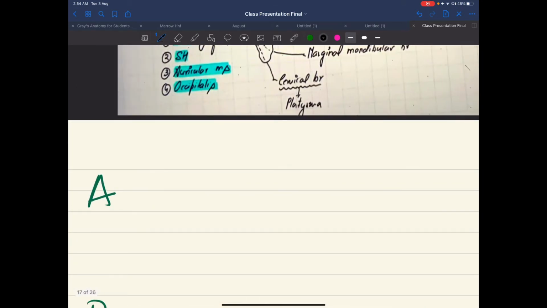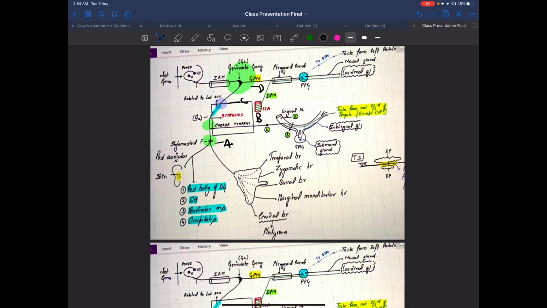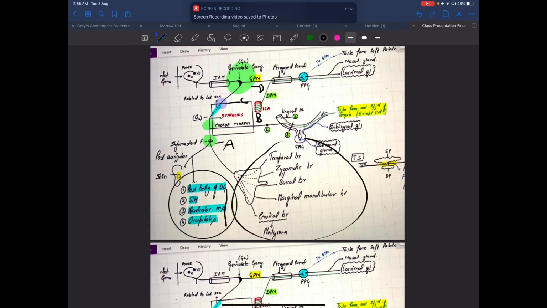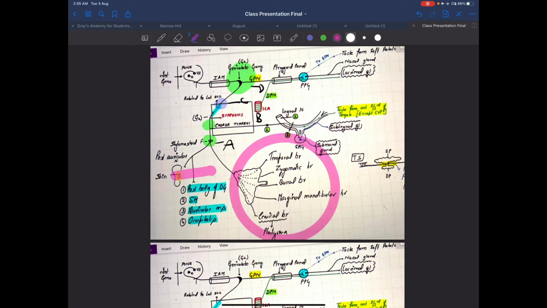Let's take it step by step. At point A, if the nerve is injured, what all will be lost? The facial muscles supplied by the posterior auricular branch, and stylohyoid. So if your nerve injury is at point A, these four muscles and this entire branch will be damaged.